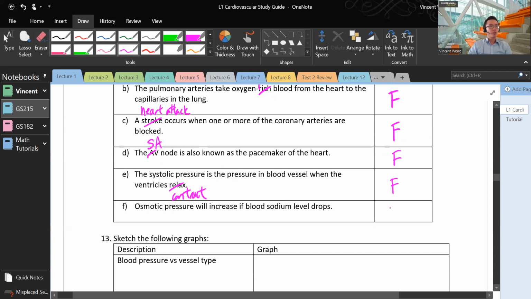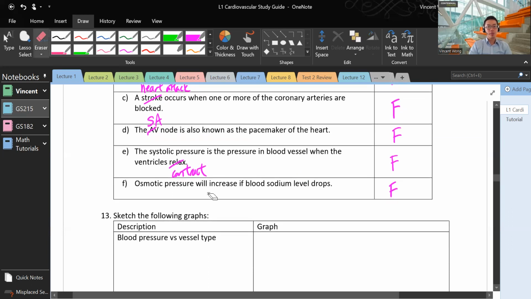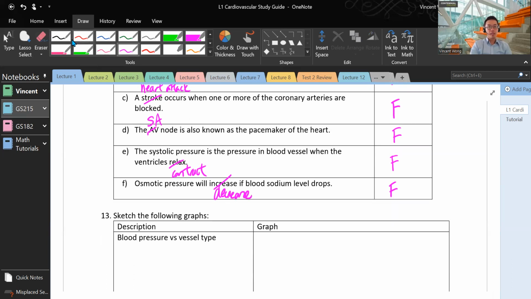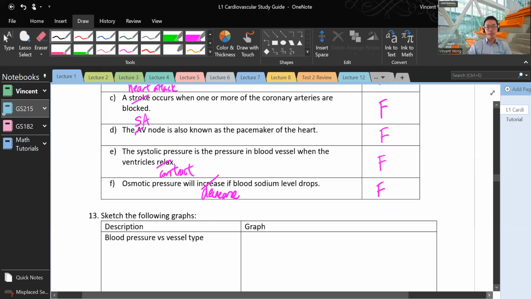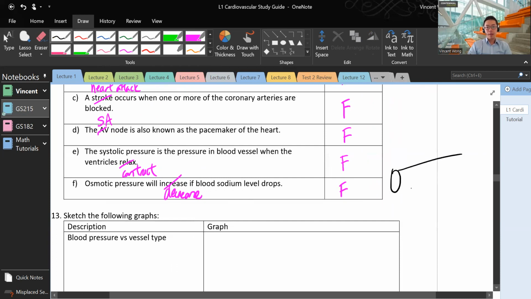Okay, why is it false? Okay, so this one should decrease. Let me explain with the diagram. Okay, capillaries. We have all these solutes, right? And then we have some solute here. So that difference between the inside and outside will cause fluid to be drawn in, right?